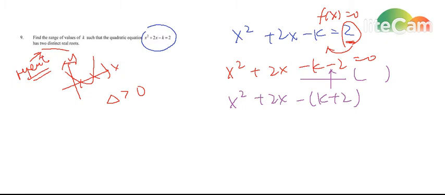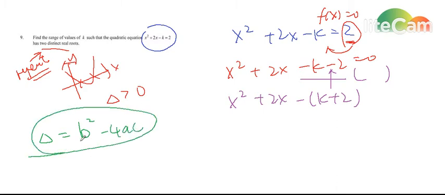So now we need to catch up our memory for the delta. It is equals to b squared minus 4ac. So we use this formula to solve the questions.